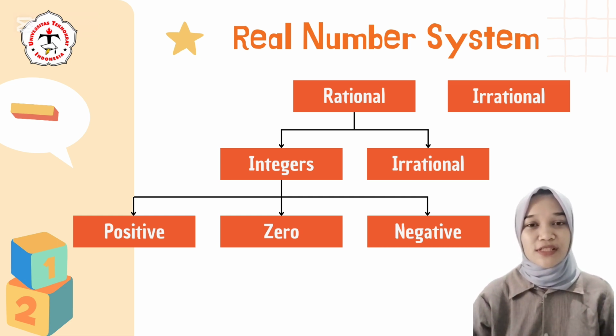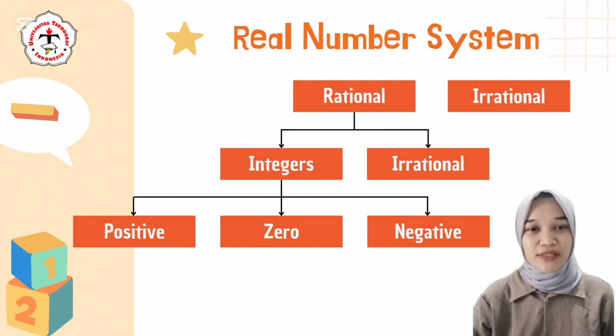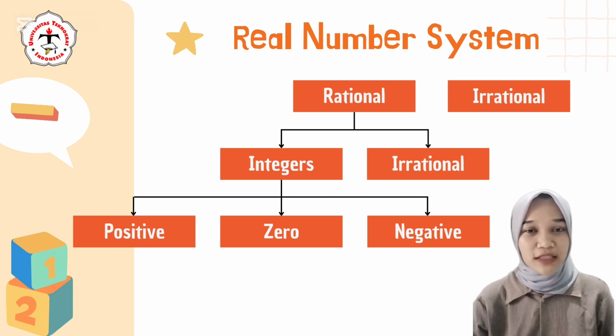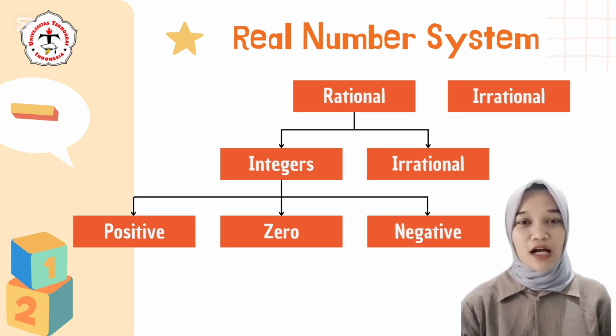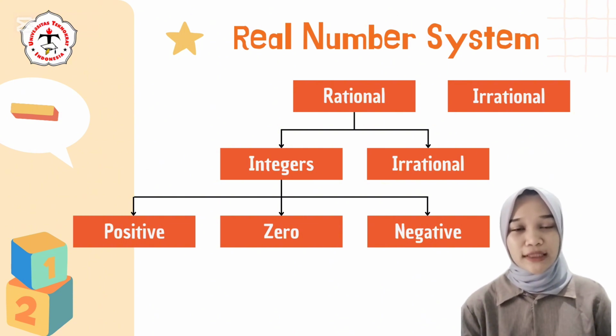These integers include all positive, negative, and zero integers, while fractional numbers are numbers that lie between integers, both positive and negative, only ending and repeating decimals. Integers are also divided into three groups, namely positive, zero, and negative numbers. So, in conclusion, the real number system includes all numbers that have decimals, ending, repeating and not repeating.